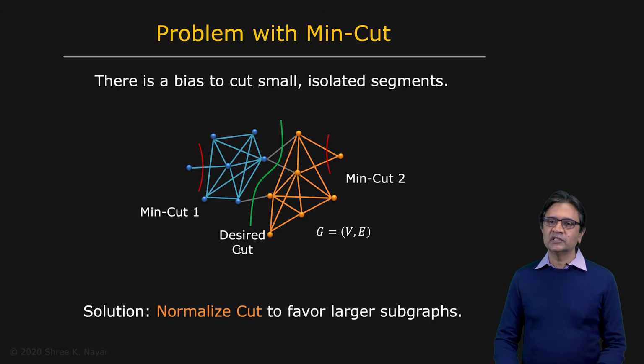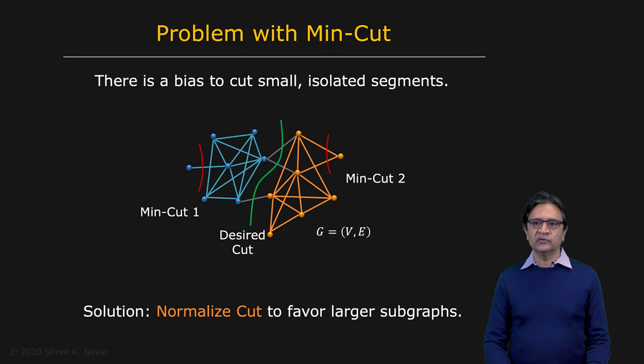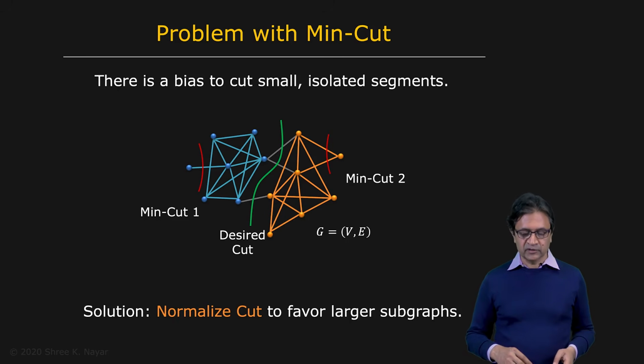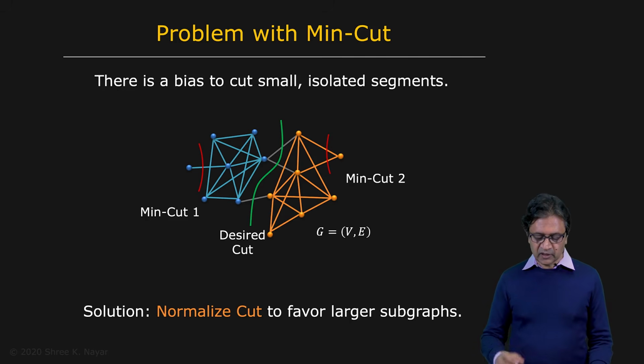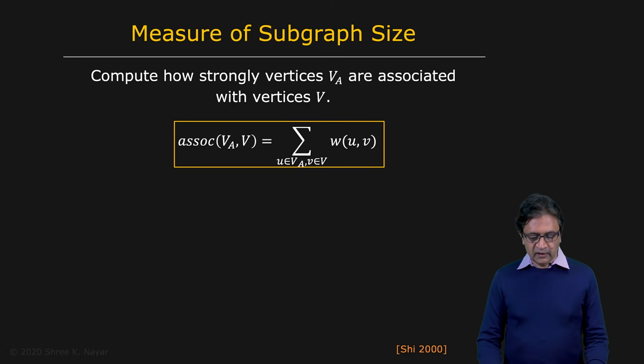So what this goes to say is that you somehow have to normalize a cut such that you favor larger subgraphs. Otherwise, you're going to end up with lots of tiny little fragments that get chopped off just because they have low cost. You need to normalize with respect to the size of the subgraphs. That requires us to come up with a measure of the size of a subgraph.